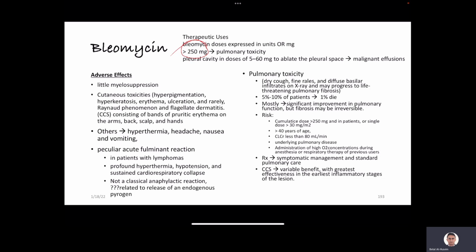The adverse effects include myelosuppression and skin toxicities, as we have mentioned. You could reduce that by co-administration of corticosteroids.